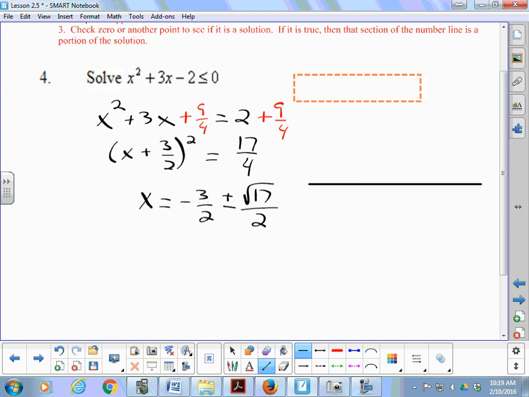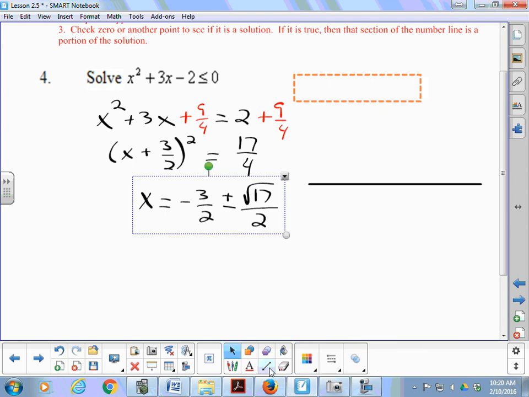Okay. This is -3 plus the square root of 17 and -3 minus the square root of 17, right? Divided by 2. All right. Square root of 17, what is that? 4 point something, right? It's like 4.1, whatever. I really don't care. Okay? All I know is it's a little bit bigger than 4. So if I take -3 and I subtract a little bit bigger than 4, I get -7, right?